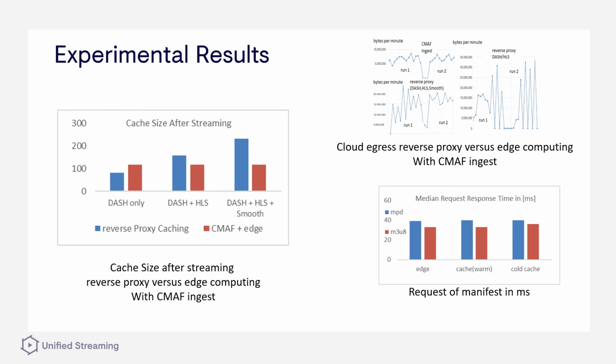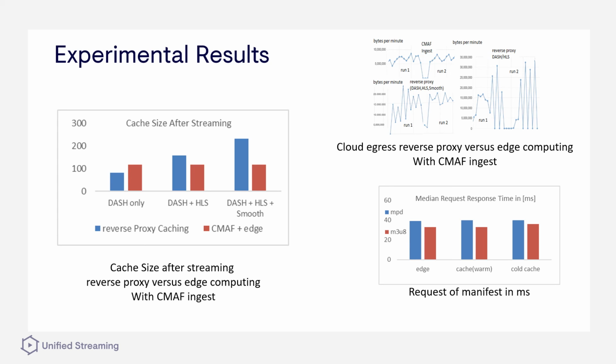So these are some of the results. On the left side, you see the cache size after streaming the content. Here you see that in case of a DASH only transmission, CMAF still has some overhead. However, in the case of multiple protocols or multiple DRM or any customization, you can see that the cache size at the edge remains constant, while for a reverse proxy cache, it would increase. Then above, you see the two runs that we did.